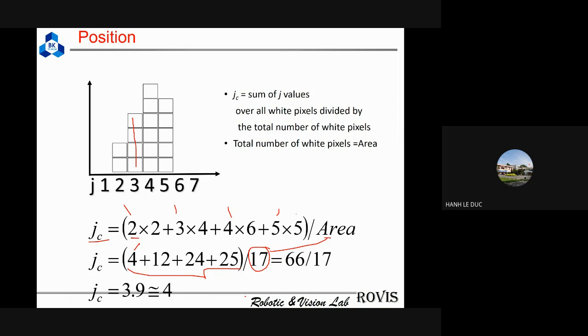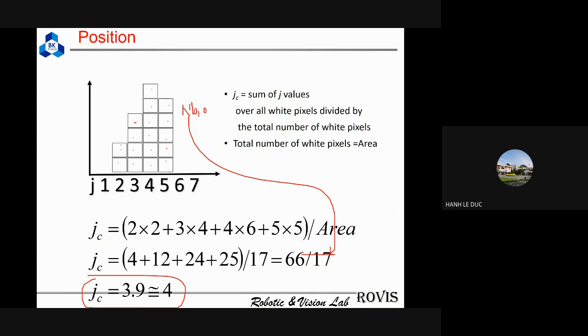This is the area, so just count the number here: 1, 2, 3, up to 17. So M00 is 17, which means JC will be 4.